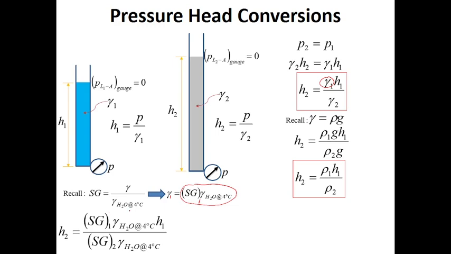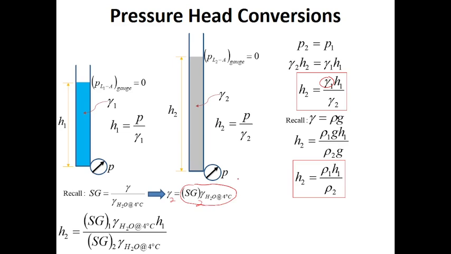Same as in the denominator, we have the specific gravity of liquid 2, equal to the specific gravity of liquid 2 times the unit weight of water at 4 degrees Celsius.